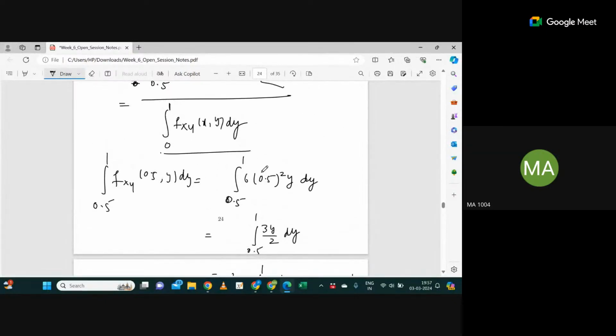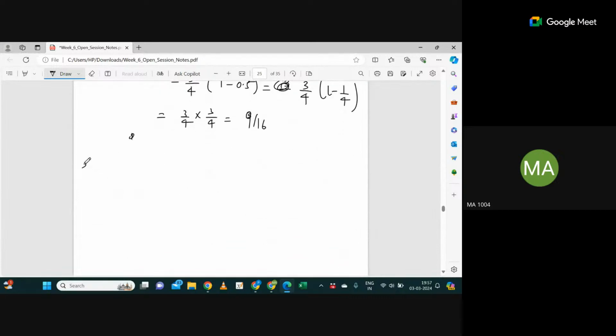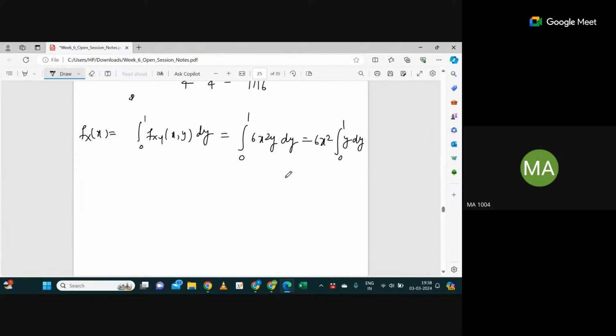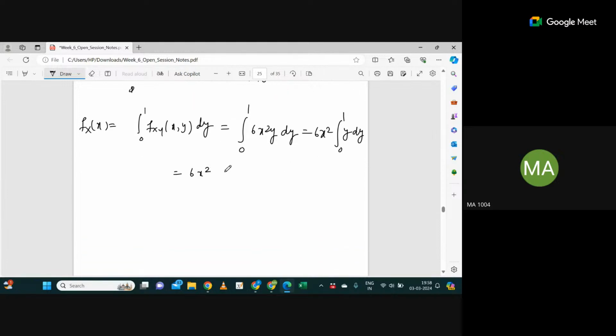Now in the denominator part, we have to calculate f_x(x), which is the integral from 0 to 1 of f_xy(x, y) dy. So we do the integral from 0 to 1 of 6x²y dy. 6x² is a constant here, so we integrate y dy from 0 to 1.